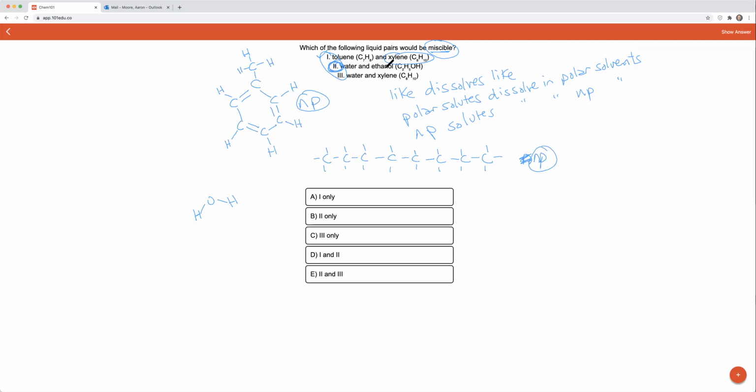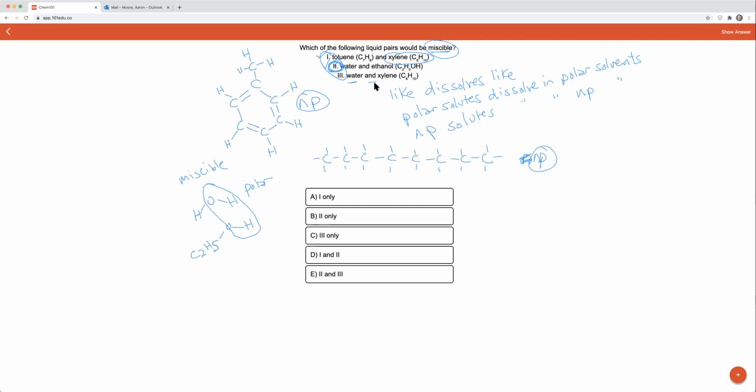But ethanol just has the C2H5 and then an O and an H. So they're pretty similar molecules because they still have that OH, and it's just this part that's different. But they're similar enough that they are considered miscible. I always spell miscible wrong. They're both polar. Okay, like dissolves like. So I suspect that 1 and 2 are miscible.